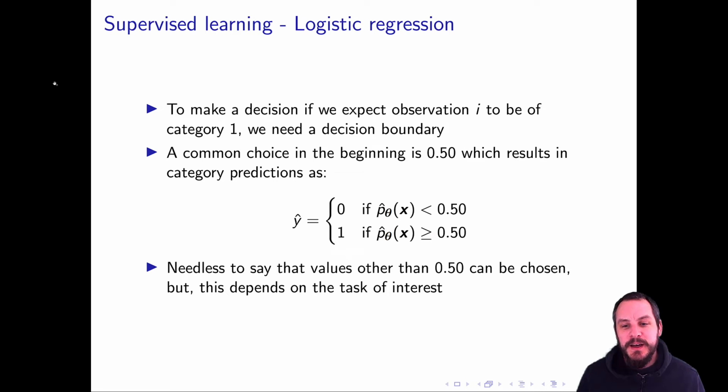The intuitive boundary which you can use in the first step is maybe 50%. So if the probability prediction is higher than 50%, then we decide that the prediction for the actual target variable is equal to 1, and 0 otherwise.